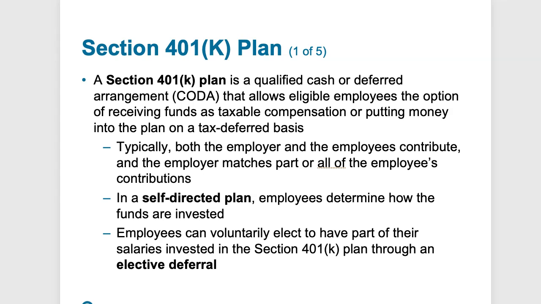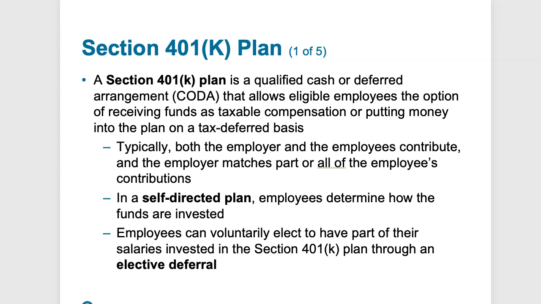Okay, so the 401k plan, like I said, is the biggest qualified plan. Now, how this basically works is the employer is going to contract with a company like Fidelity to come in and organize a 401k for the company.